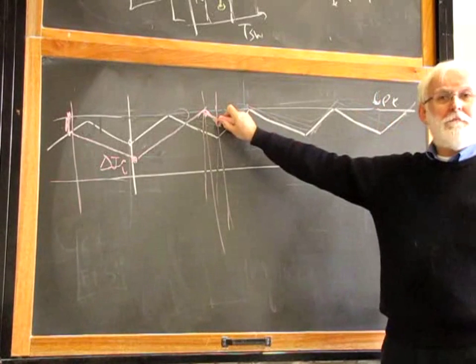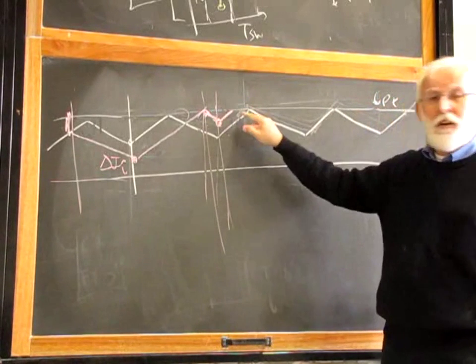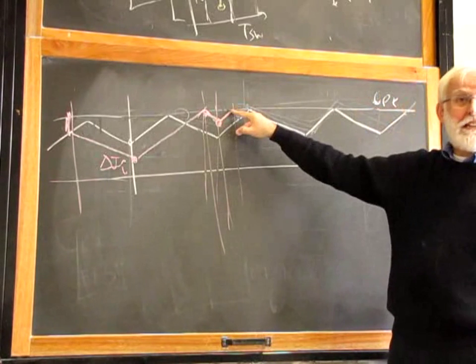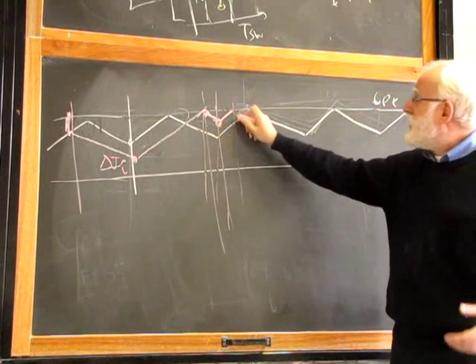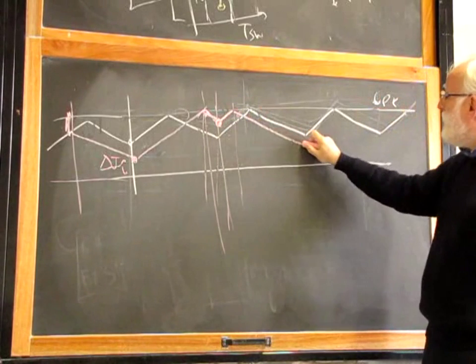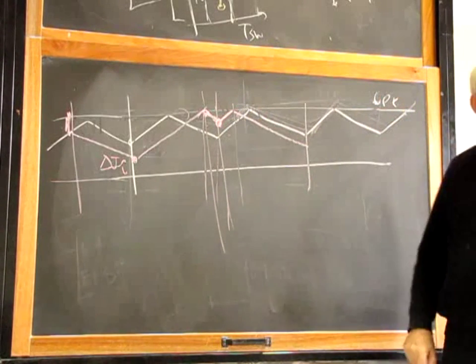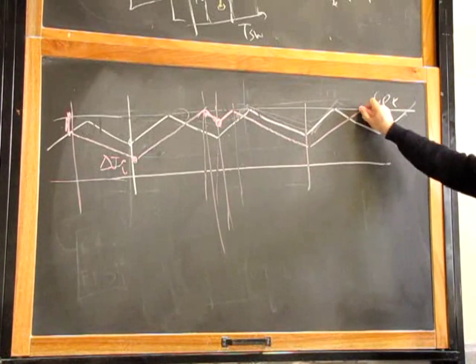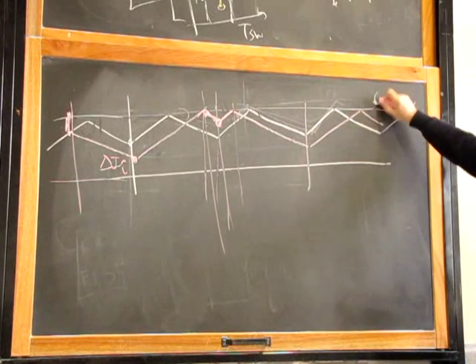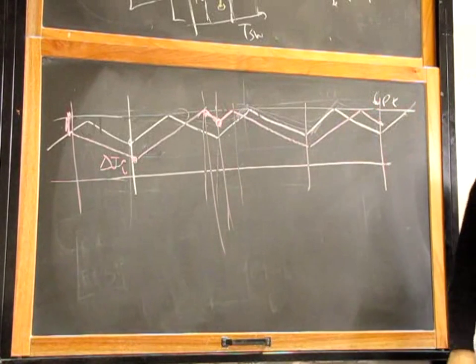Current starts to climb up, still with the same slope, but it reaches immediately the peak value, and so the switch opens, and it comes down like this. Switch closes, goes up, comes down like this.